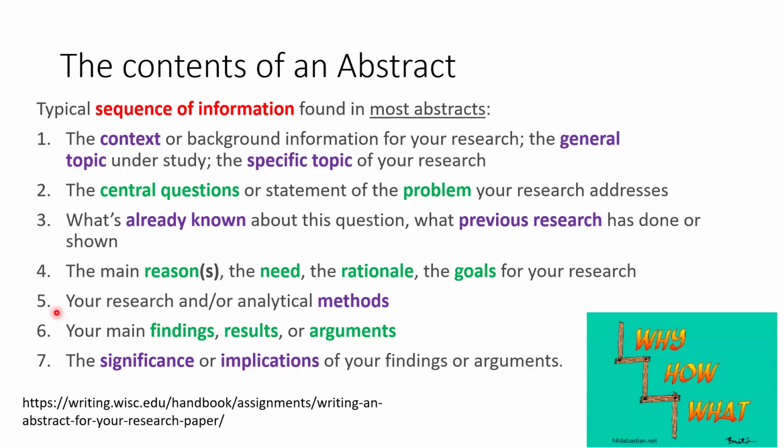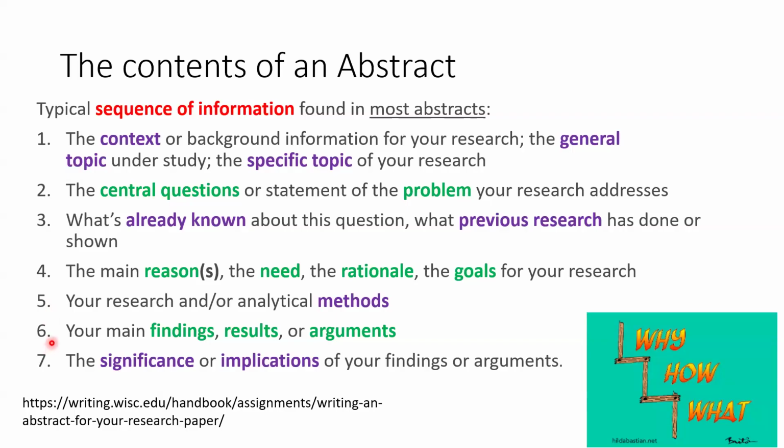So basically, your abstract should answer these questions. Why did you do this study? How did you do it? And what did you find? The first 1, 2, 3, 4 give the answer to why did you do the study. 5 answers how did you do the study, the method.